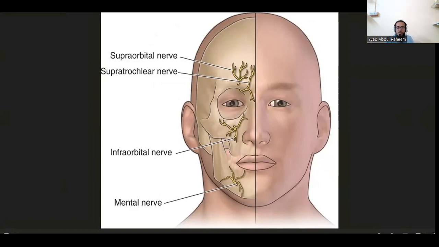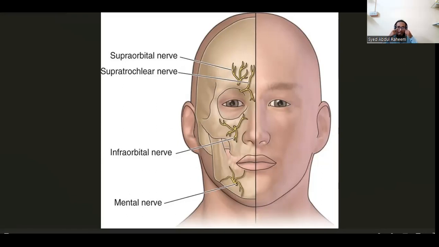So let's talk about what functions the infraorbital nerve does. It makes your lower eyelid go forward. You have the muscles here, the smiling muscles when you want to smile, so it helps with smiling also.